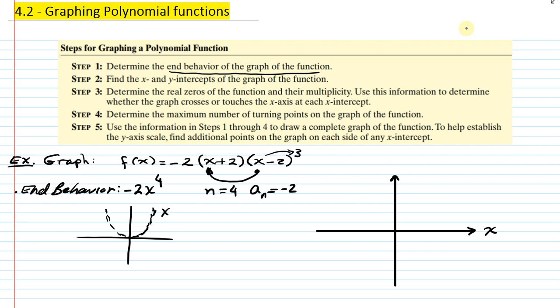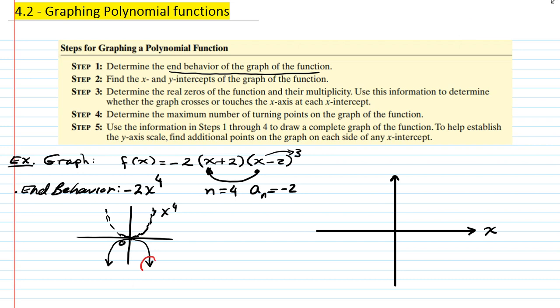So this is the graph of x to the 4th, extremely flat around 0. The negative will cause a reflection, so this graph is going to look somewhat like this. And we are only interested in the end behavior of the graph with respect to the basic power function, -2x to the 4th.